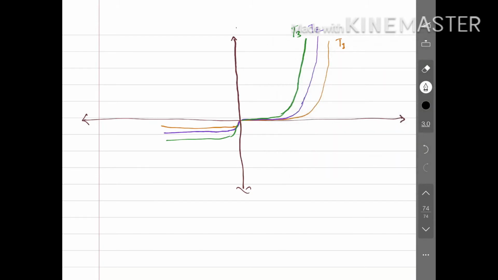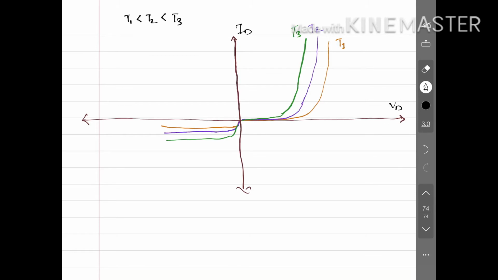This is the ID, this is the VD, right? This is temperature 1, temperature 2, temperature 3, and remember this temperature 1 is less than temperature 2, temperature 2 is less than temperature 3. So basically temperature 3 is higher than 2 and 2 is higher than temperature 1.